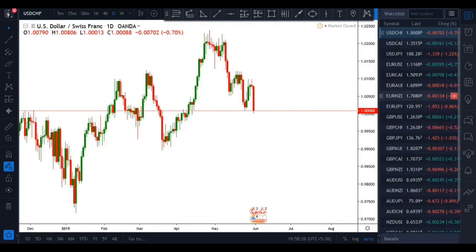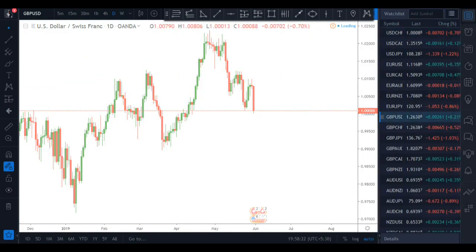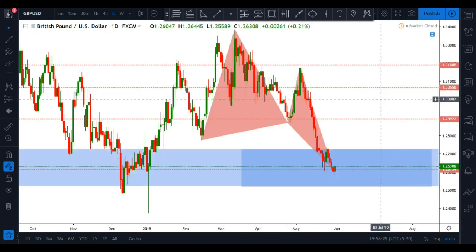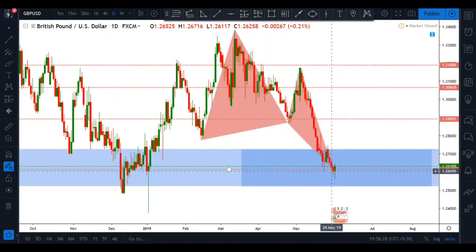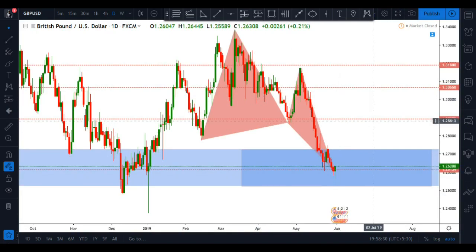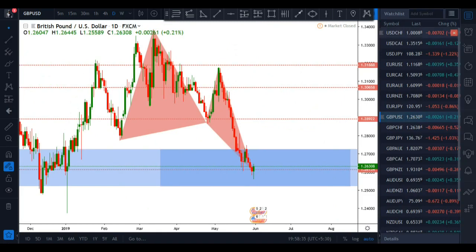And if I move on to the pound dollar chart, you can see, I want to erase that analysis, we have an entry chance right now in the market. If you want to know more about this pound dollar trade, you can go to the last week's weekly analysis video and check that out.